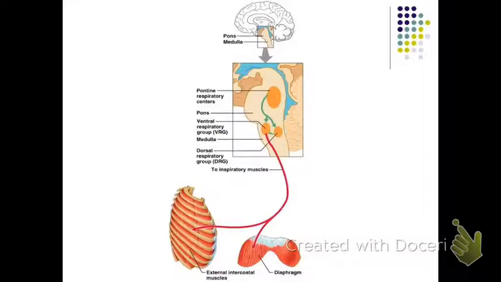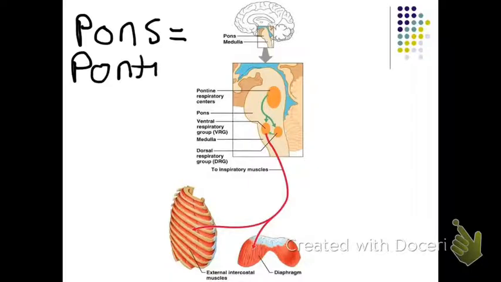And remember, whenever we hear the word pons, it equals the pontine respiratory centers. And so the pontine respiratory centers are found within the pons, and that is indicated by this orange oval.